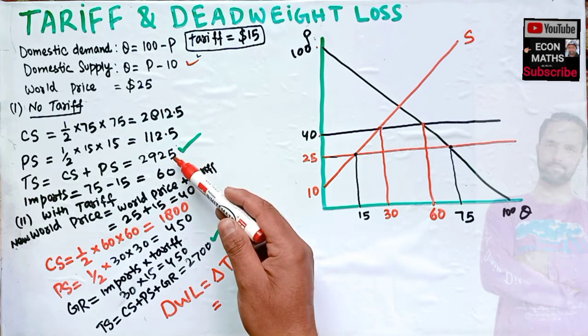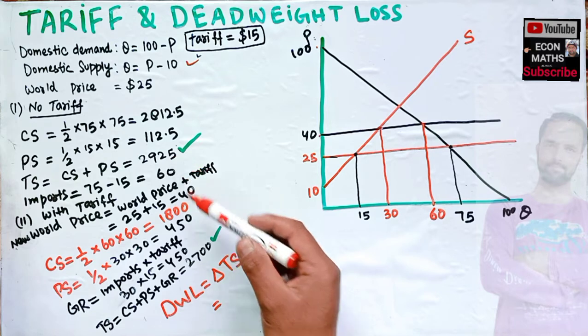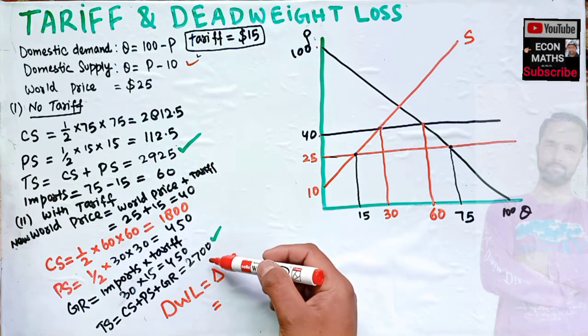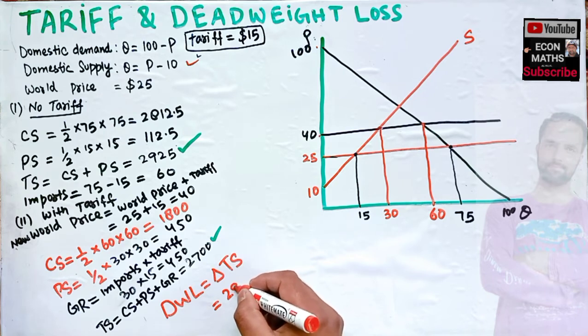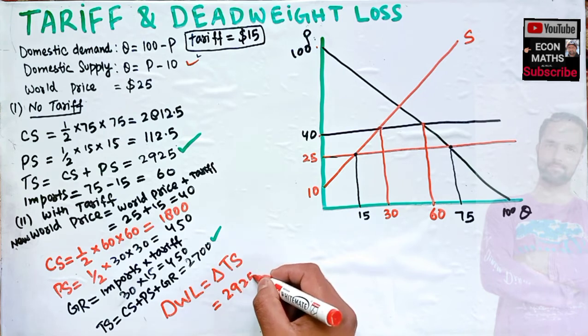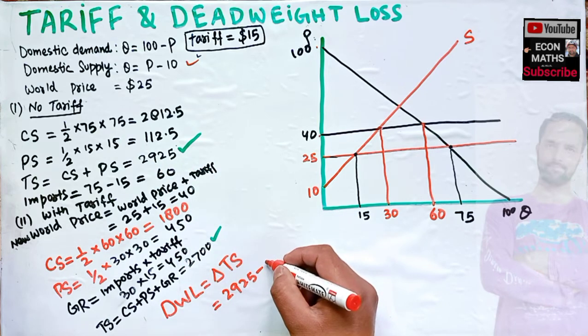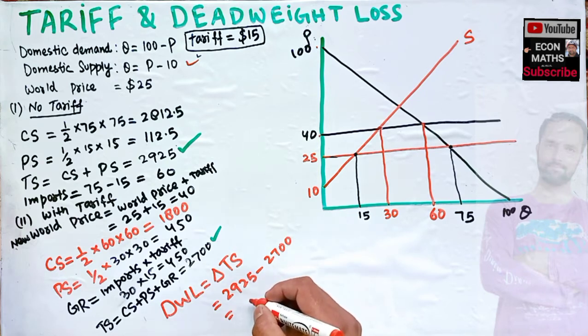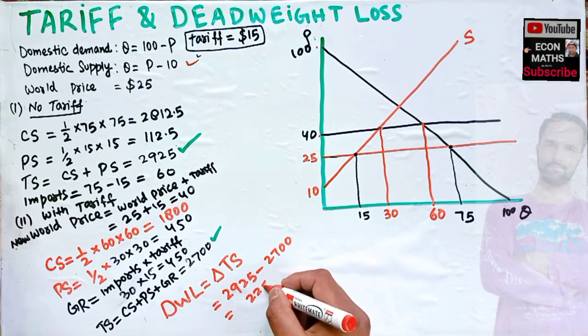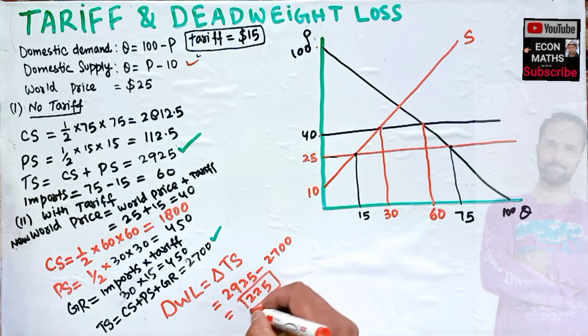Originally it was 2925, and now it is 2700. So change in total surplus is equal to this value minus 2700. You can see this comes out to be 225.